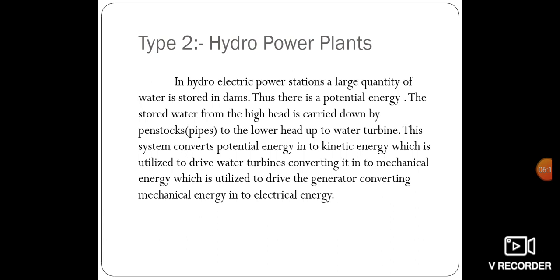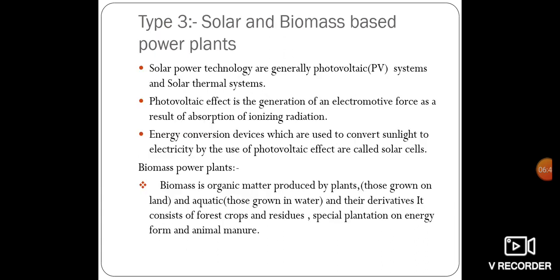So the potential energy is converted into kinetic energy, and that kinetic energy is used to rotate the turbines, wherein the mechanical energy is generated, and that turbine is interconnected to the generator through the shaft coupling, which in turn rotates the alternator or the generator, and electricity is produced in the hydropower plants.